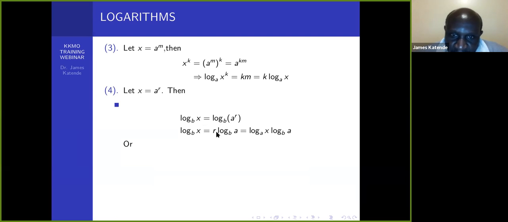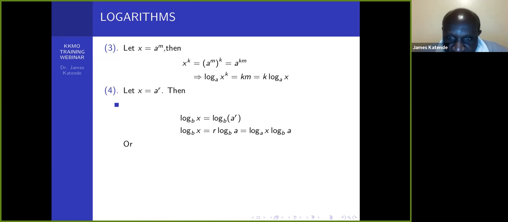If you apply the power rule here, we will have log base b of x is the same as r log base b of a. But we know that, based on this relation, r is the logarithm of x to the base a, and we can replace r with this, so that the logarithm base b of x is the same as the logarithm base a of x multiplied by the logarithm of a to the base b.